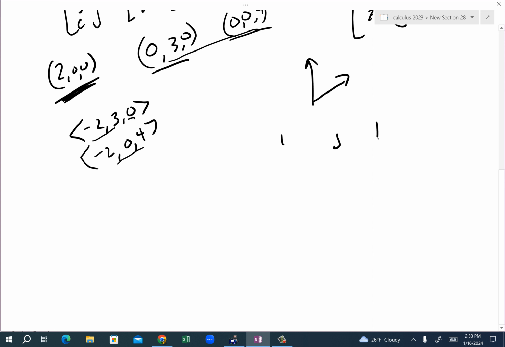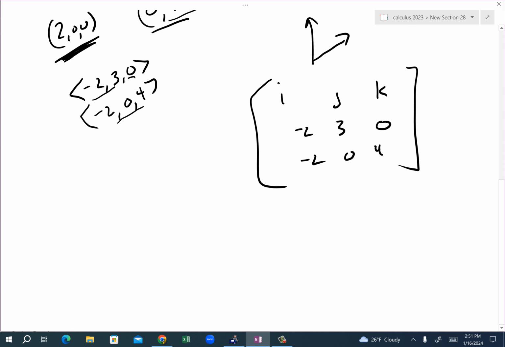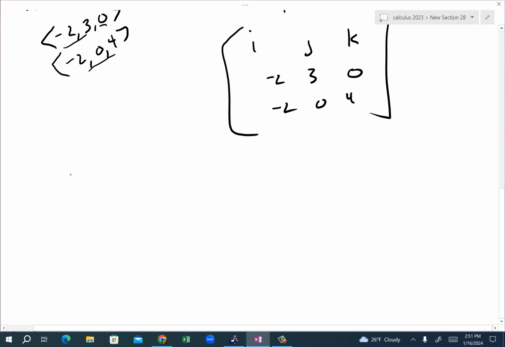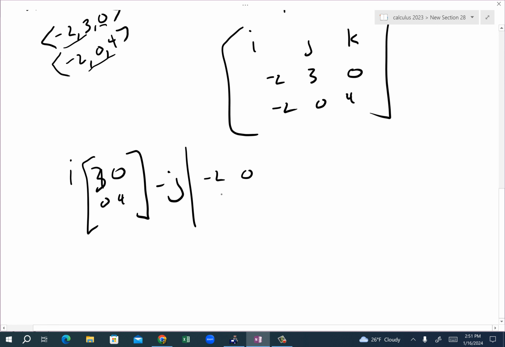I, J, K, negative 2, 3, 0, negative 2, 0, 4. Beautiful. And so if you do expansion by minors, you get I times (3, 0, 0, 4), minus J times... oops, no, that's not true. It's (-2, 0, -2, 4)... no, it's 3, 0.